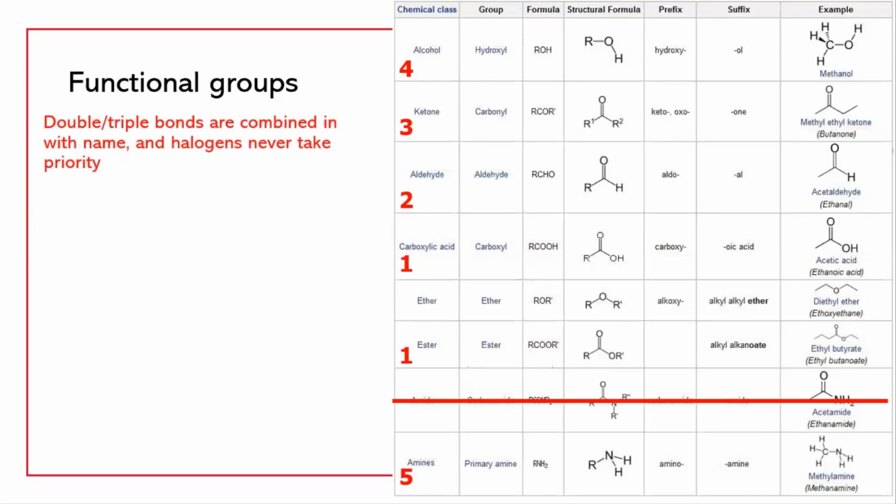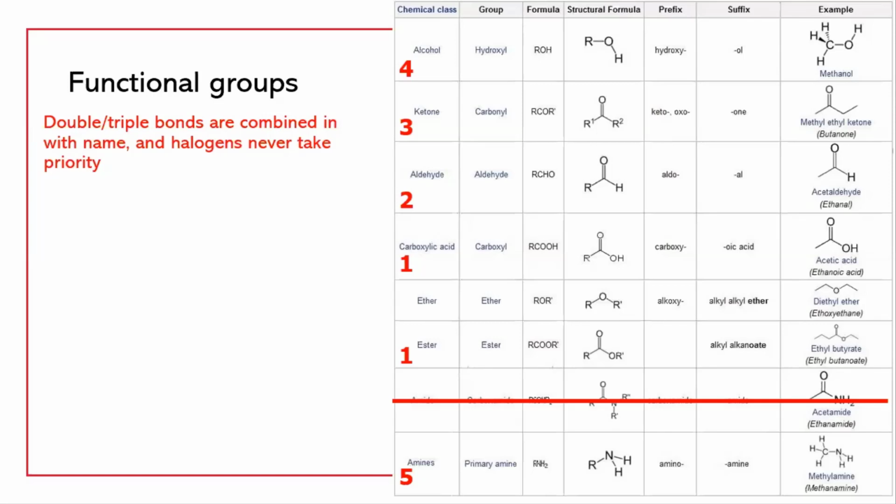So when we're naming a molecule, this is pretty basic stuff, but double, triple bonds are combined in the name, and halogens never take priority. So when we have an alcohol, for example, we're going to call it, say, butanol. And we have a carboxylic acid, you might call it butanoic acid. Because carboxylic acids are more important, if we have a carboxylic acid that also has an alcohol group on it, well, alcohol is less important. So instead of calling it butanol, we'd call it like 1-hydroxybutanoic acid.